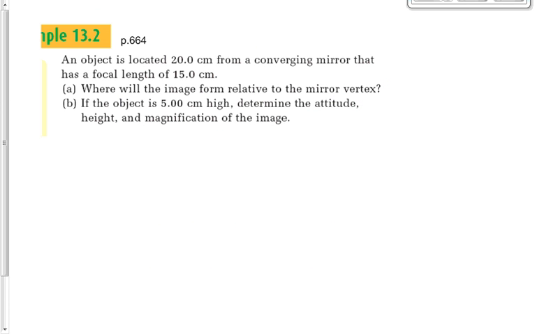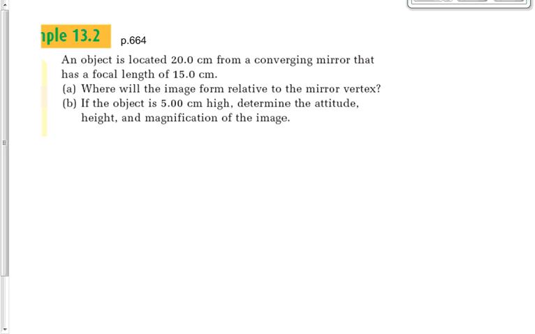Let's try an example. This is example 13.2. It says an object is located 20 centimeters from a converging mirror that has a focal length of 15 centimeters.